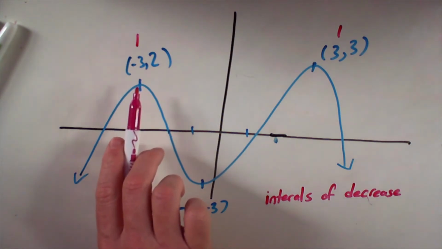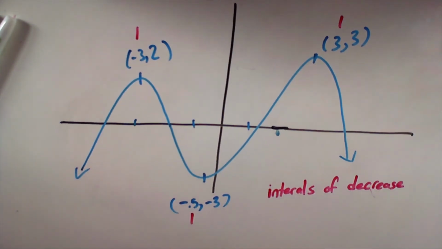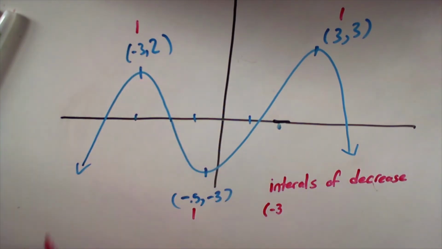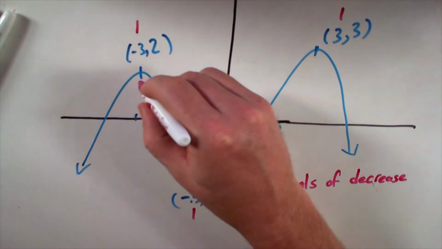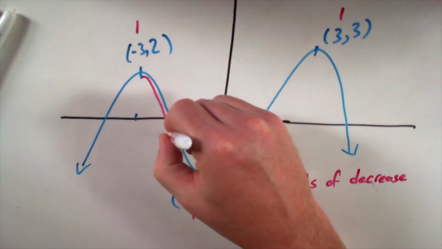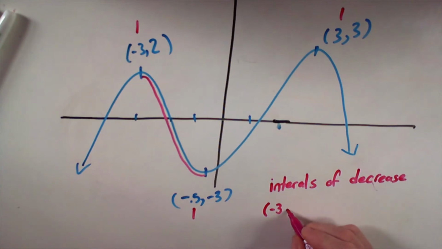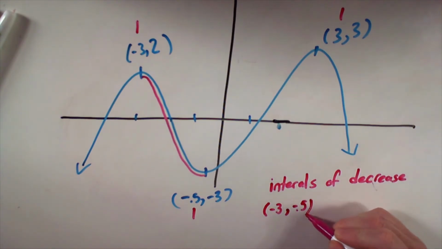It is not part of the interval, but right after we get past that point, that's where we start decreasing. So our interval of decrease starts at -3, not including -3, and then we have all of this as an interval of decrease until we get to -0.5. Again, we never include those endpoints in our intervals.